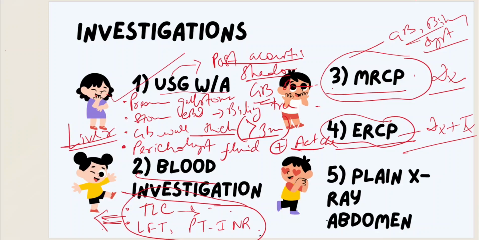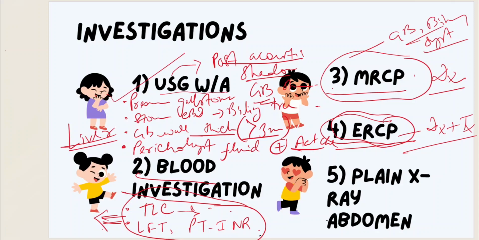Endoscopic retrograde cholangiopancreatography is nowadays used only as a therapeutic modality in patients with obstructive jaundice, because diagnosis is mainly done by ultrasound and MRCP.